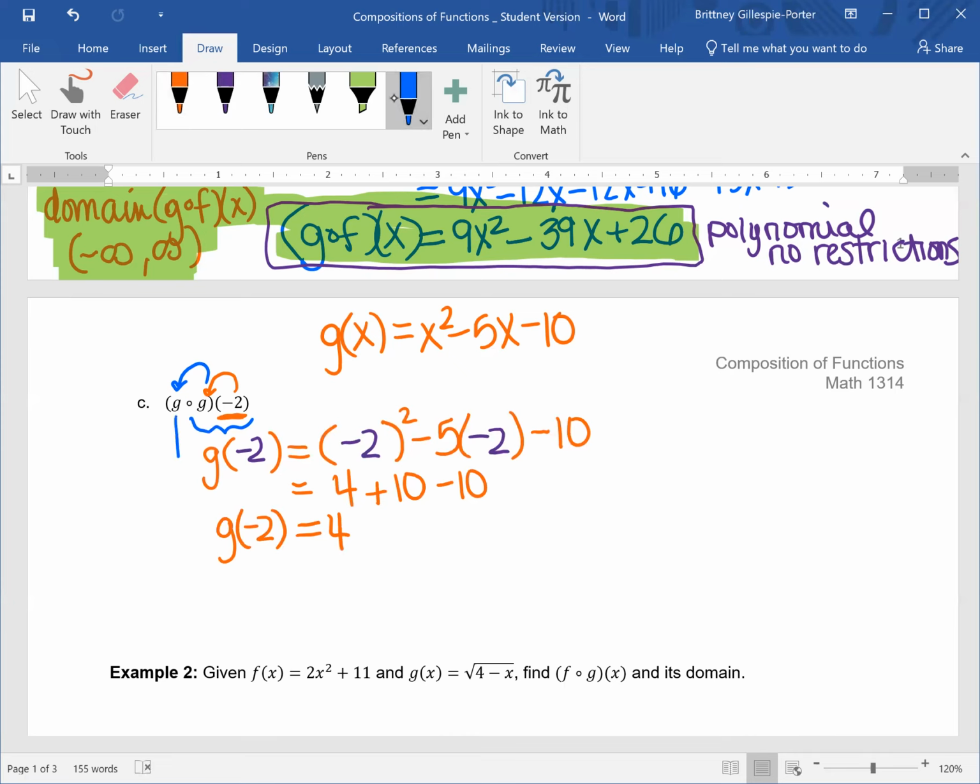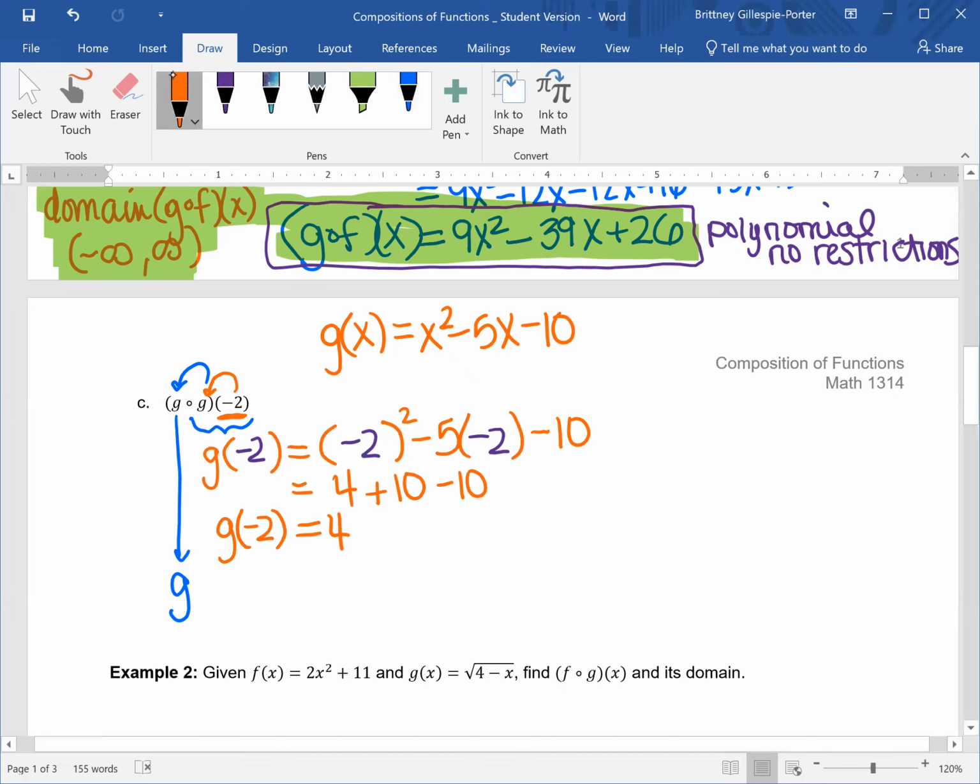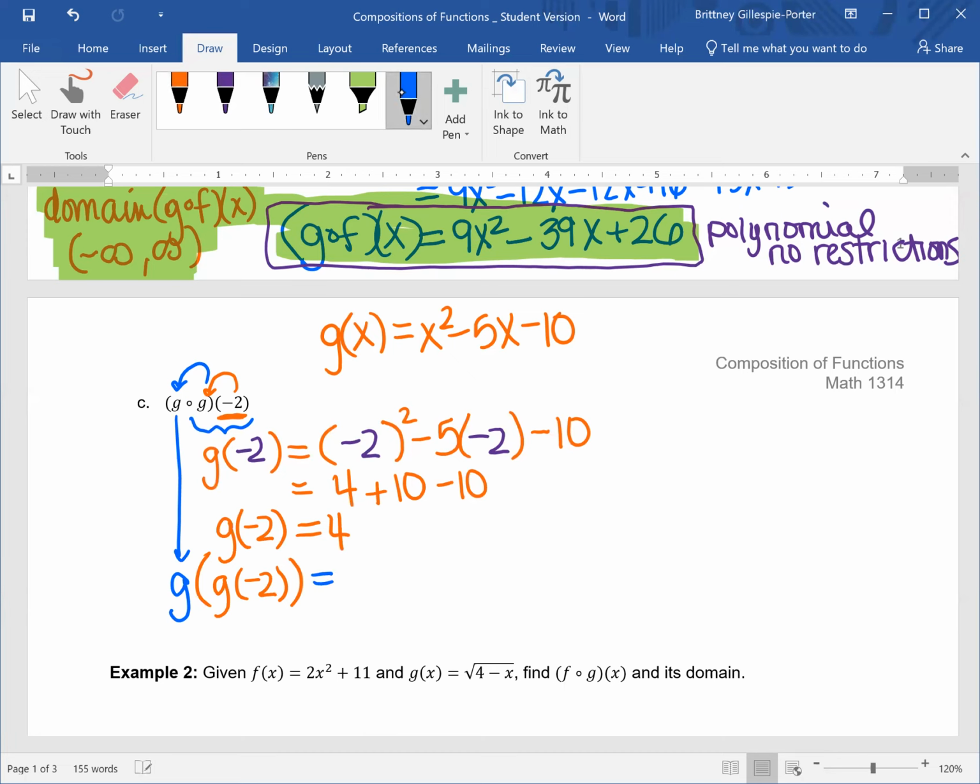If I bring down my g on my outside, I'm asked to find g of g of -2, by definition for g composed with g of -2. But we just said that g of -2 is actually 4, which means I now need to find g of 4. Which means instead of x squared, I'm going to have 4 squared.